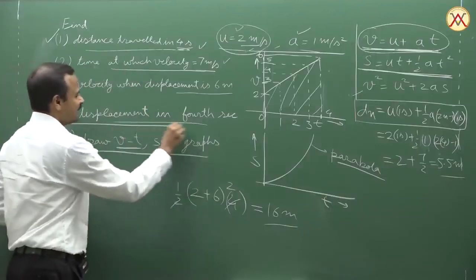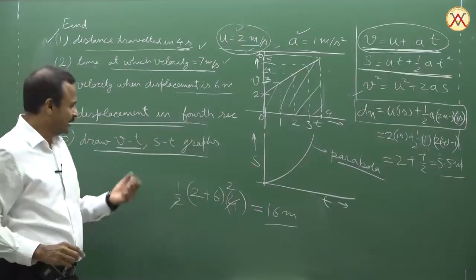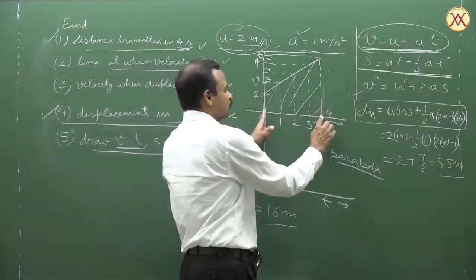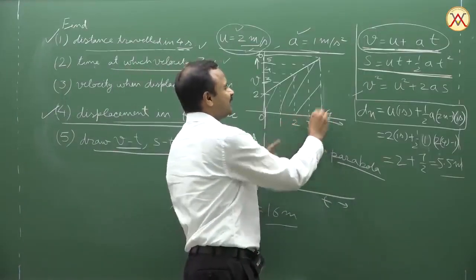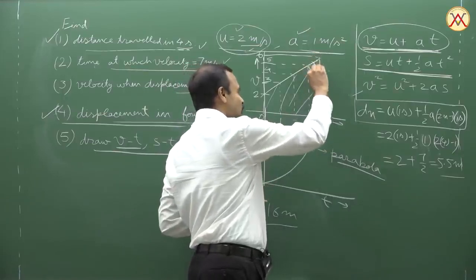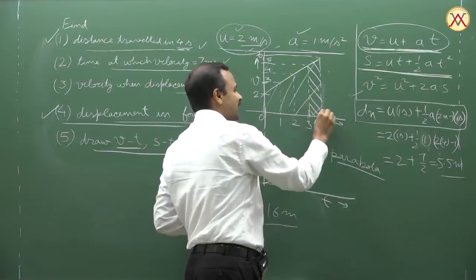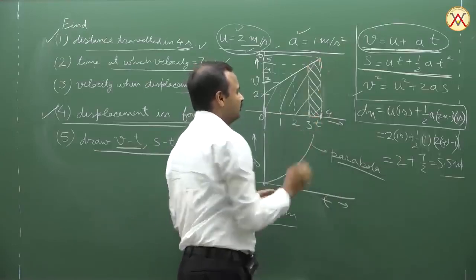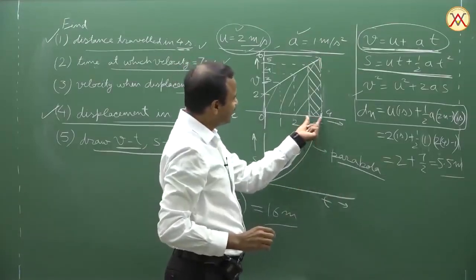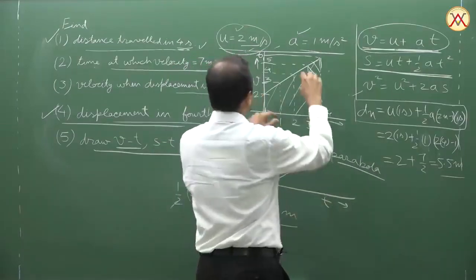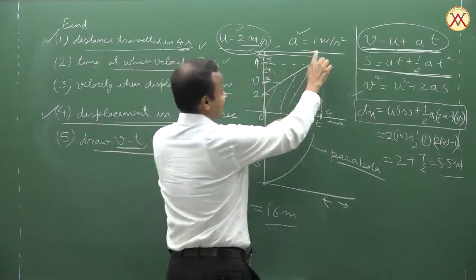And also you can see displacement in 4th second. Now displacement in 4th second means total displacement in 4 seconds minus displacement in 3 seconds. So the answer of 4th part is the area of this thin trapezium. You can see this here is just 1 second, and sum of the two parallel sides will become 5 plus 6 by 2.